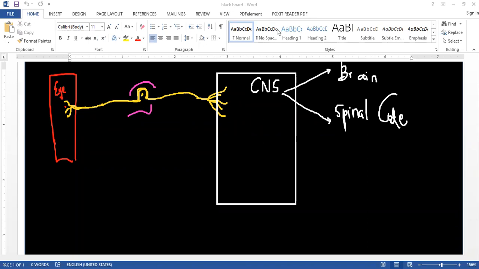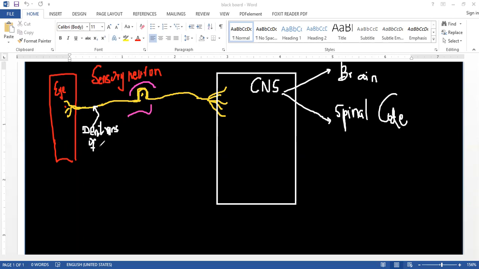Then when it comes to this one, altogether, this is the sensory neuron. And these are the dendrons of the sensory neuron.